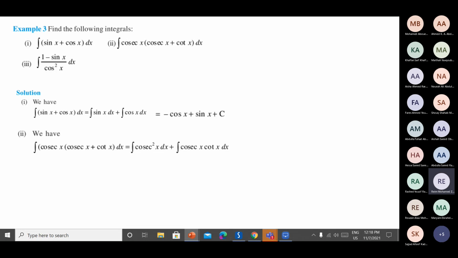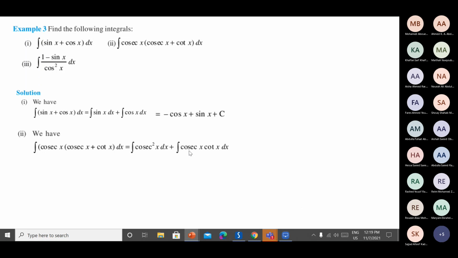Cosec squared, check it. It is supposed to be minus cotan x, right? Because in your table you have minus cosec squared. Multiply the minus, so you will have minus cotan x, right?